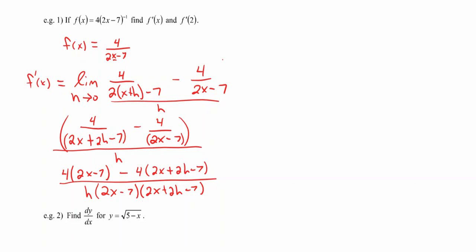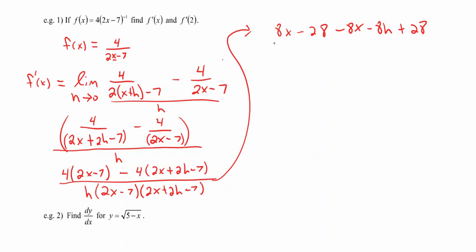So now what we're going to do, we're just going to expand everything out on the top. So we've got 8x minus 28 minus 8x minus 8h plus 28, all over h times (2x minus 7) times (2x plus 2h minus 7).